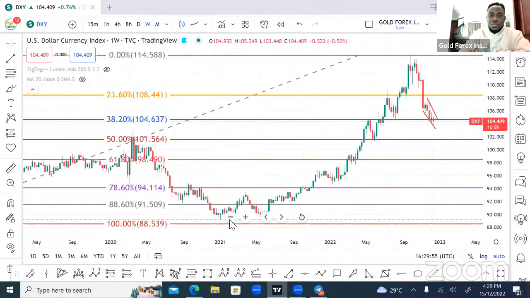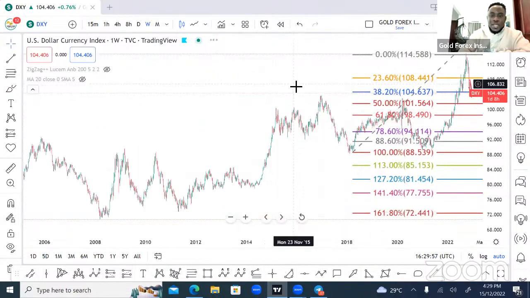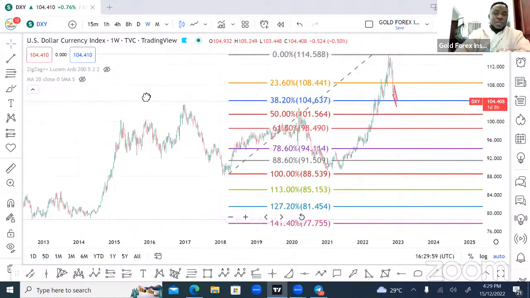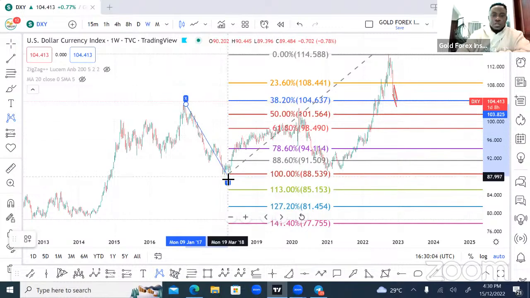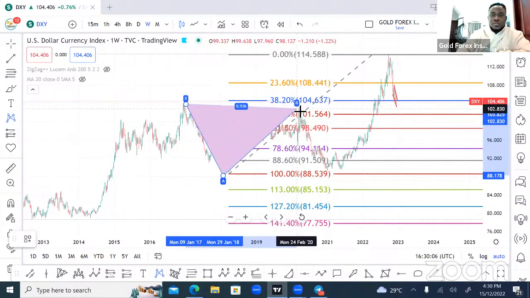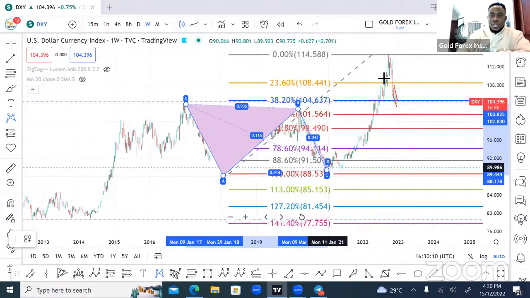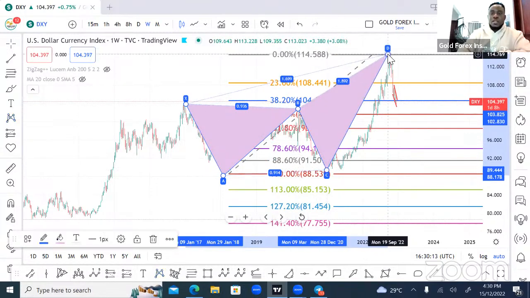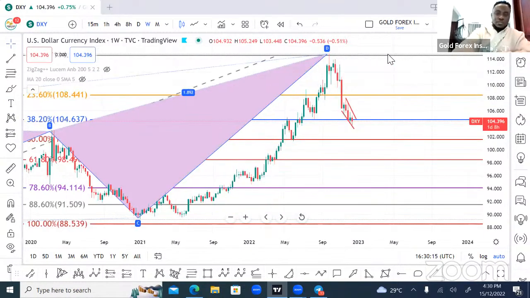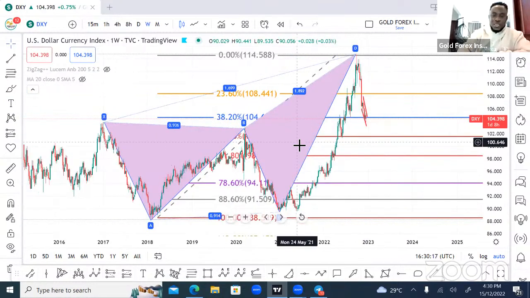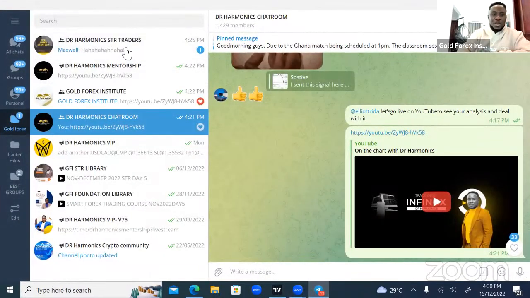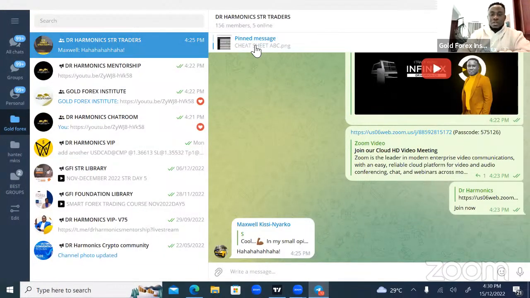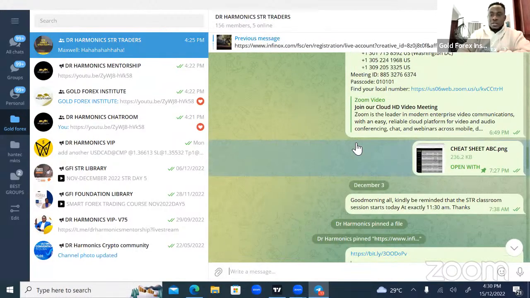Now, when we completed the deep crab pattern formation over here, you can see it over here. The B is at 88. We go here, 1.618. Now, this correction, we say with deep crab, the TP for deep crab, let's look here.